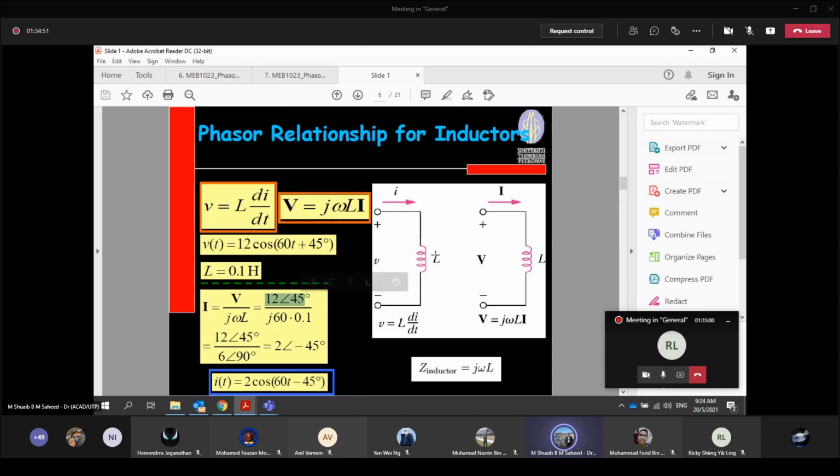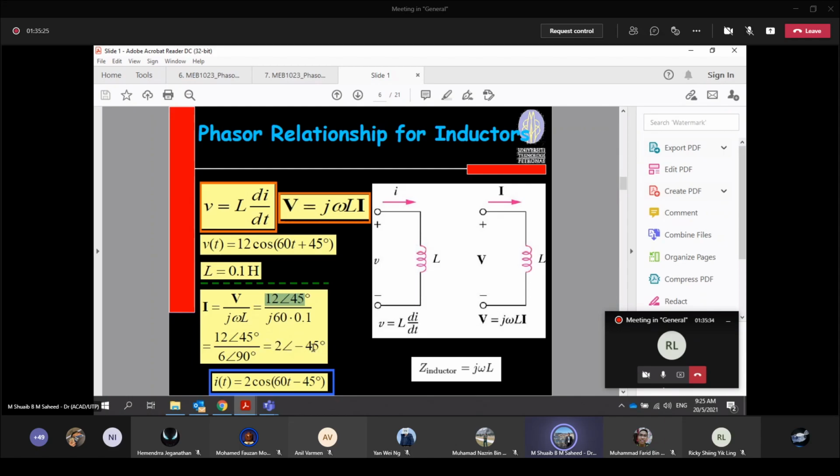And then now change the inductance to reactance. Example, they're giving you 0.1 Henry. This is the inductance. So find the reactance. j omega L. The omega you get from your v(t), 60. This is your angular frequency. Multiply with 0.1, you will get j6. So 12 angle 45 degree over j6, you will get 2 angle negative 45.